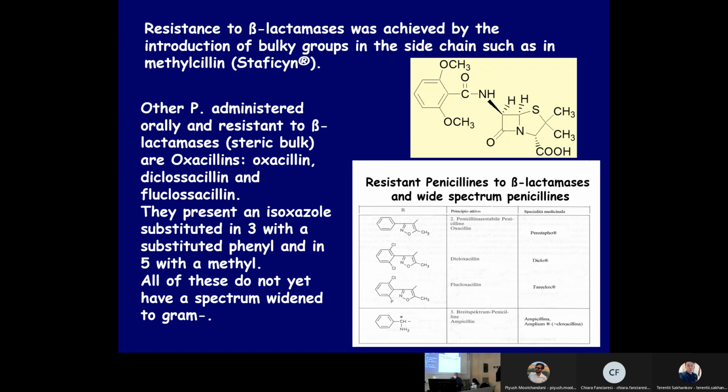You can see now in the picture, we have a bulky group, a large electronic cloud with a negative charge, very close to the beta-lactam ring. And this ring is the target of beta-lactamases. So the beta-lactamases has a nucleophilic group with a partial negative charge.